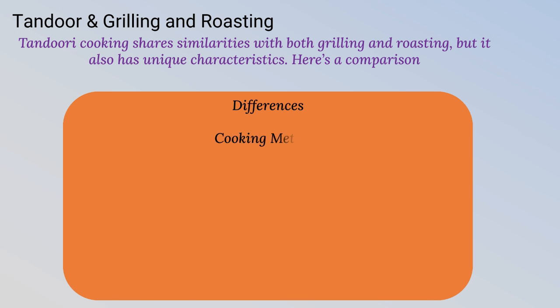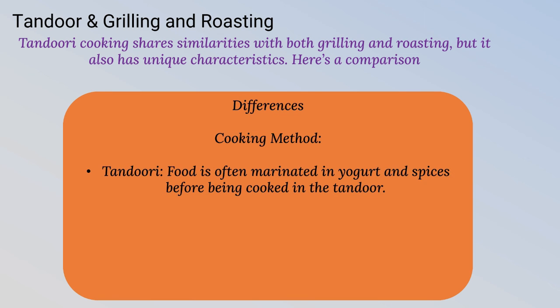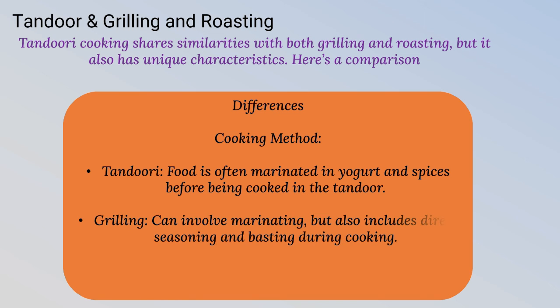Some more differences in terms of cooking method. Tandoori food is often marinated in yogurt and spices before being cooked in the tandoor. That already you have seen in many roadside tandoori cooking processes, the meat is marinated. In case of grilling, it can involve marinating but also includes direct seasoning and basting during cooking.